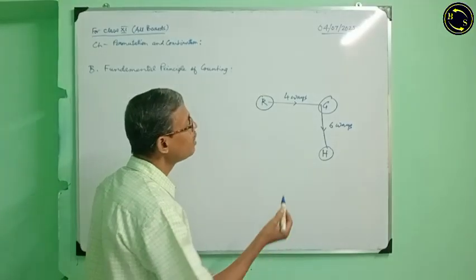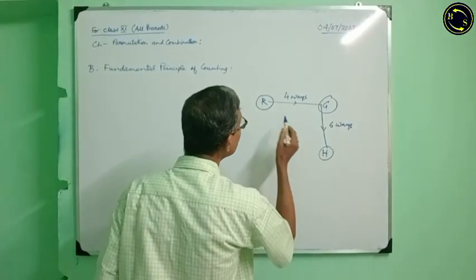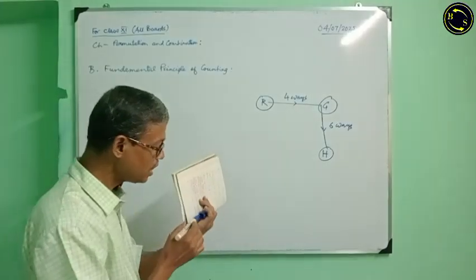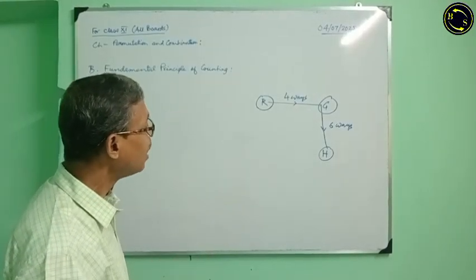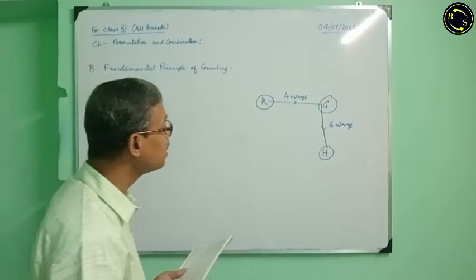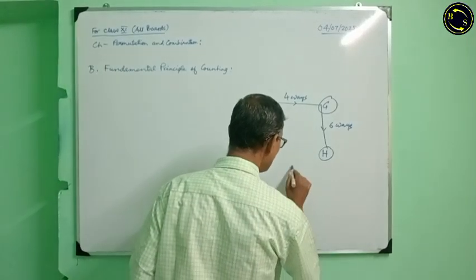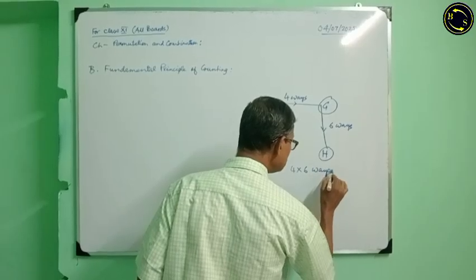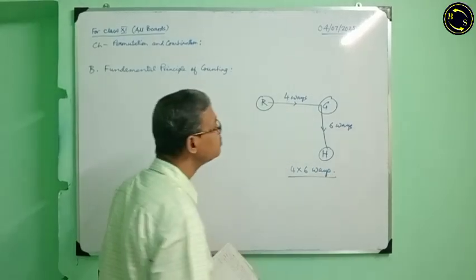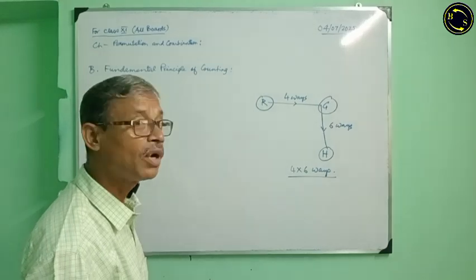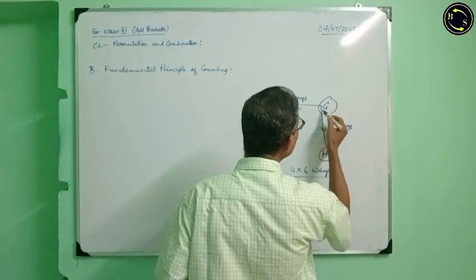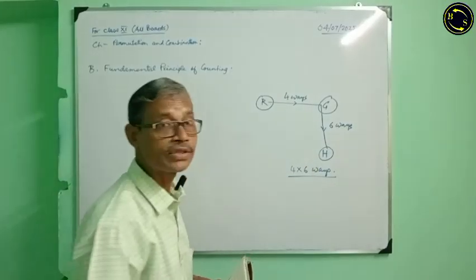Then the total number of ways of reaching H from R will be 4 into 6 ways. Remember, G is the common place here.